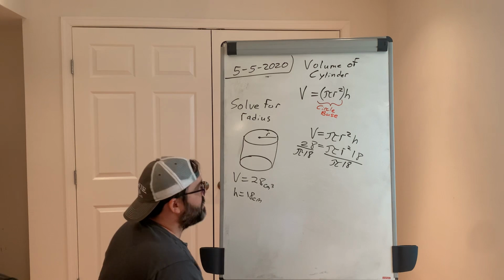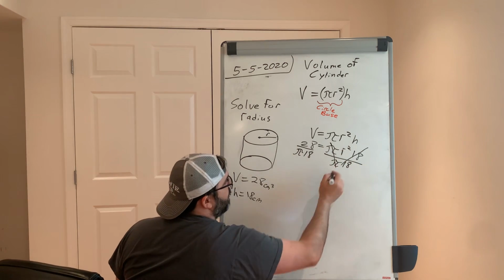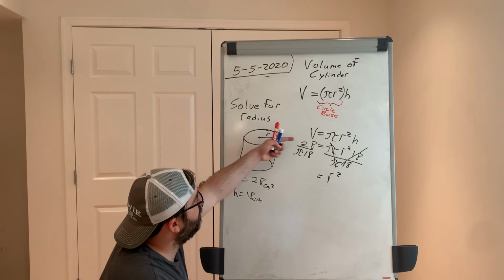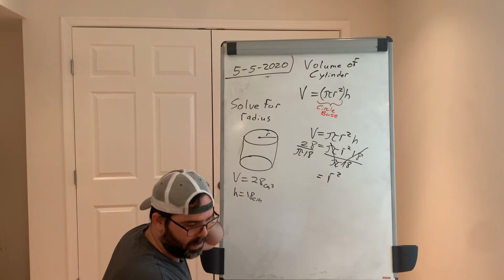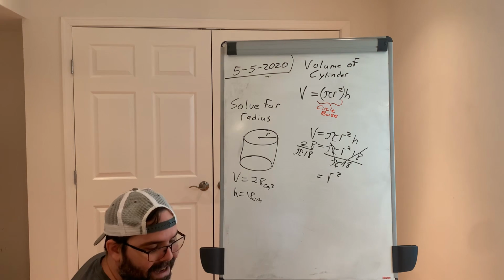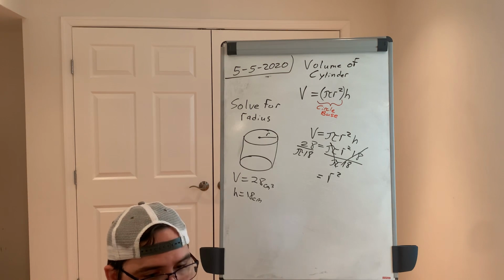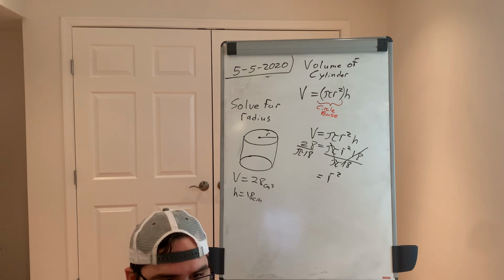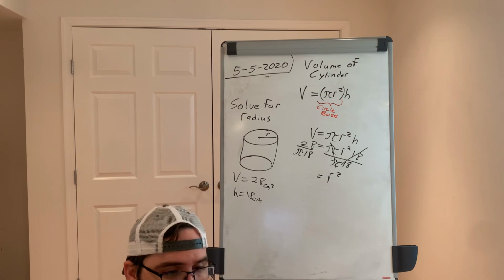So the good news is the right side, these pi's cancel and the 18's cancel, and we're left with r squared equals. Now, we need to do 28 divided by 18 pi. Now, 18 does not go into 28 nicely, so we might as well just divide it out, and I'll show you how I do that. So again, we're dividing 28 by 18 pi.